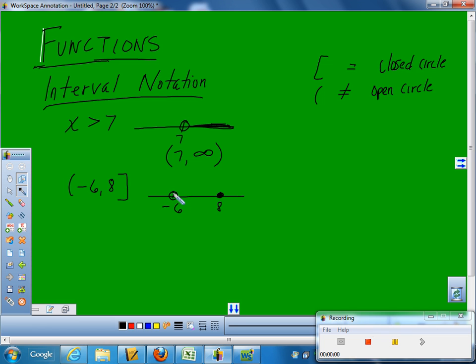But here's the beauty of interval notation. This is why I really love it. When we're doing interval notation, we don't do open and closed circles. We put the bracket and the parenthesis right on there, because you know it means it doesn't equal -6, but it does equal 8. And so when you go to write an answer, you've got the brackets and parentheses right in front of you.